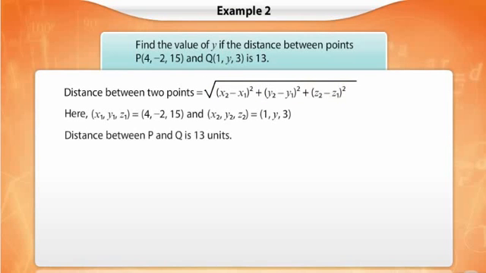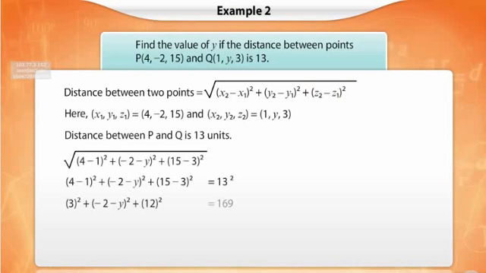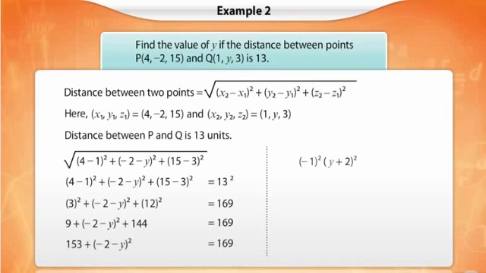We know that the distance between points P and Q is equal to 13. By substituting the values in the formula and solving, we get the value of y as 2 or minus 6.